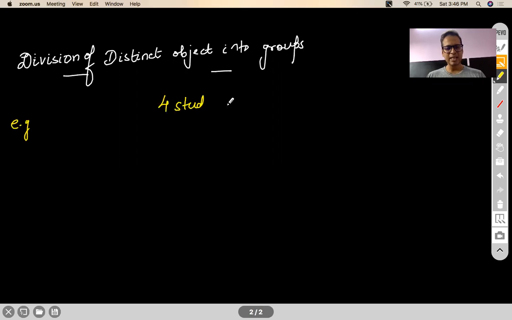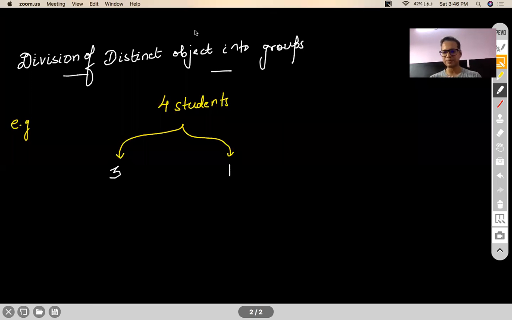And I want to divide them into 2 groups. So I want to segregate them into 2 groups. One should have 3 students and other should have 1 student. My question to you is, in how many ways can we do that?